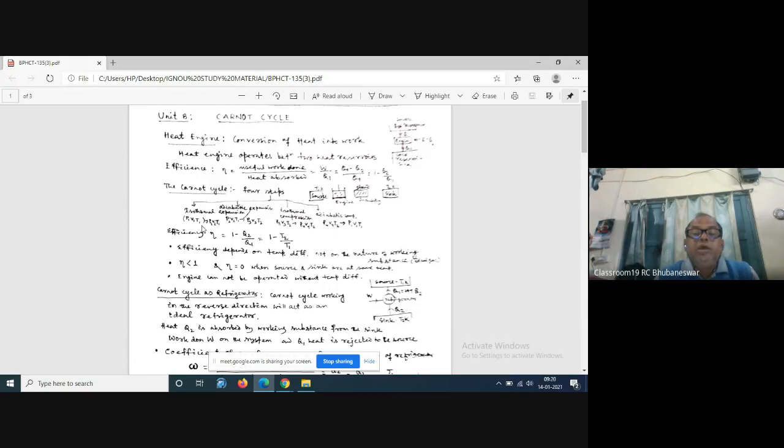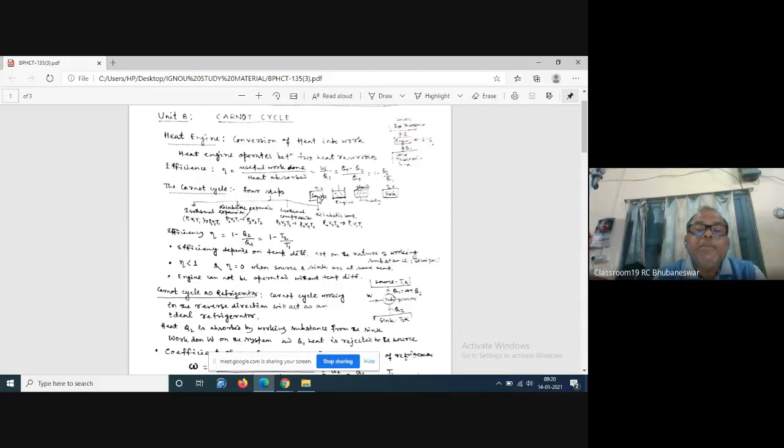Since the expansion undergoes at constant temperature, this is isothermal expansion. In isothermal expansion, pressure and volume change at constant temperature. So the gas goes from the initial P1 V1 T1 to P2 V2. Pressure and volume change, but the temperature remains constant. So it is isothermal expansion.